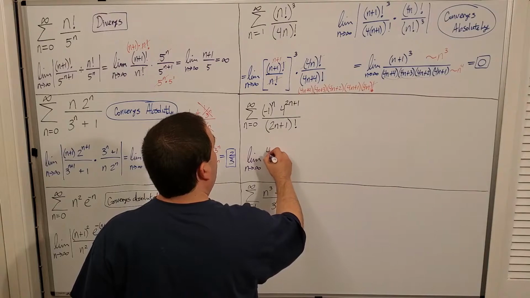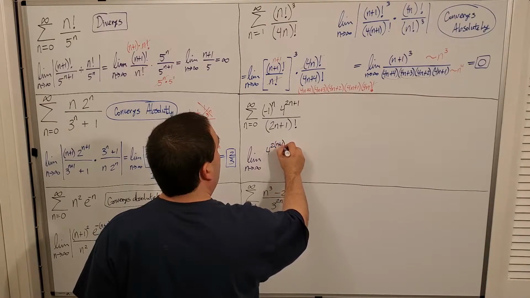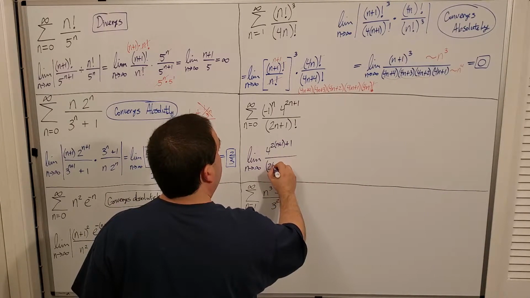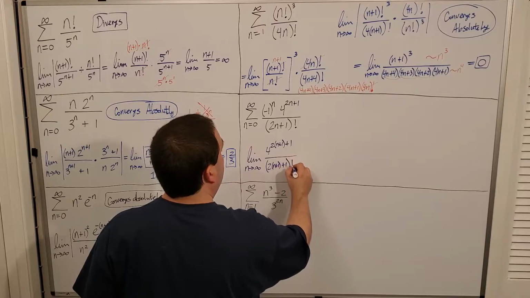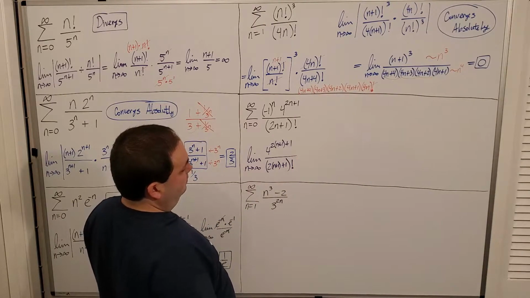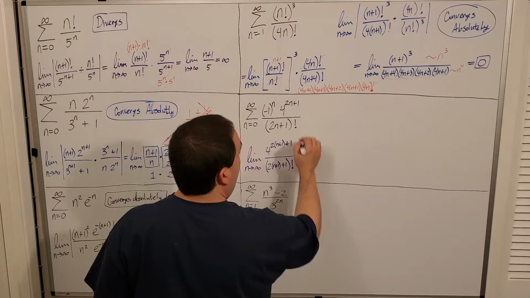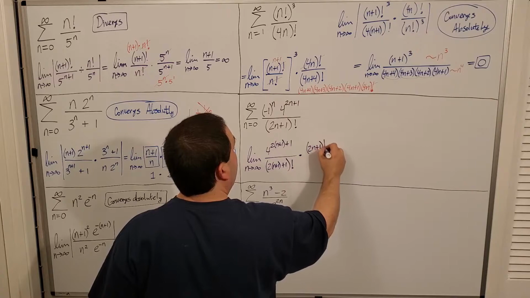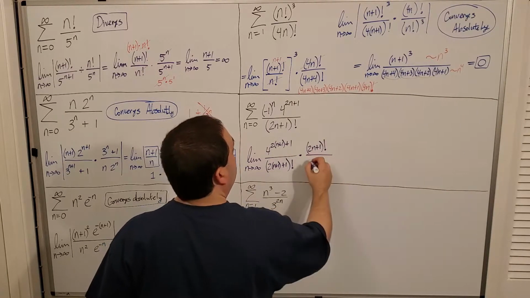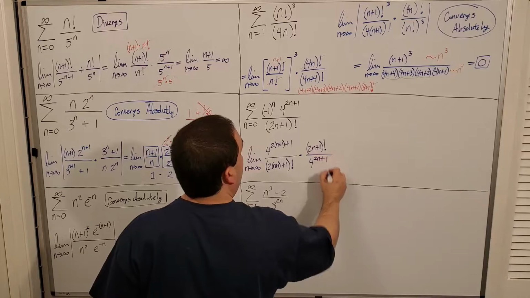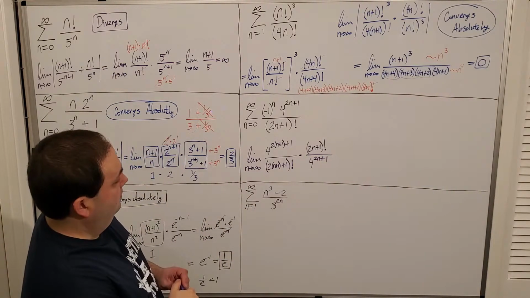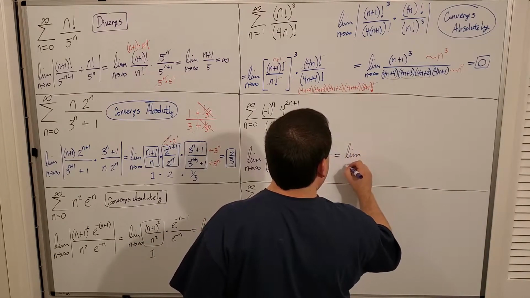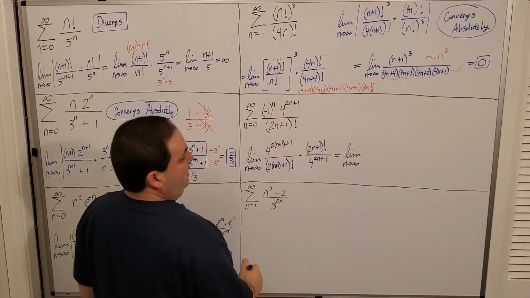I'm going to have 4 to the 2 times n plus 1 plus 1 over 2 times n plus 1 plus 1 factorial, divided by a fraction, so I'm going to flip and multiply here: 2n plus 1 factorial over 4 to the 2n plus 1. Alrighty. So then this gives me the limit as n goes to infinity.